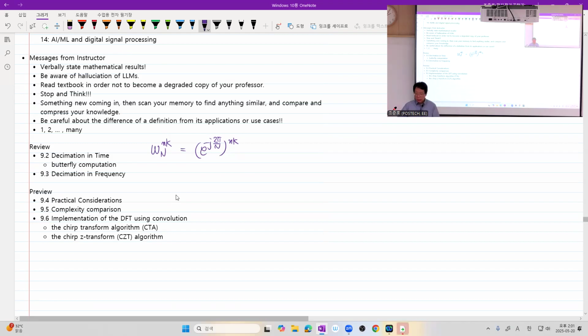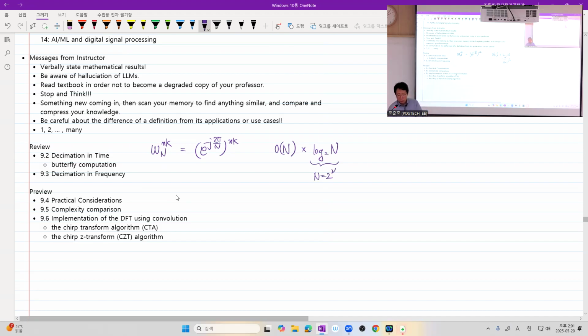And by exploiting the properties of this constant, this function of n and k, we could divide the n-point DFT into two n over 2 point DFTs, and we repeat that procedure again and again, and eventually we have big O of n complex multiplications and additions per each stage, and we had log 2 base n, which in our case of n equals 2 to the nu was the value nu.